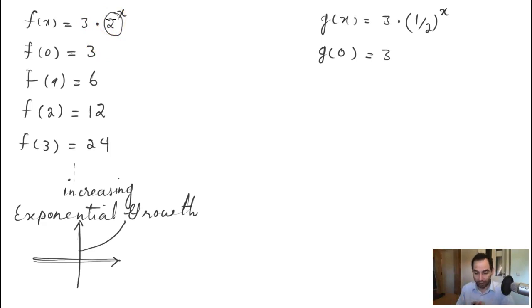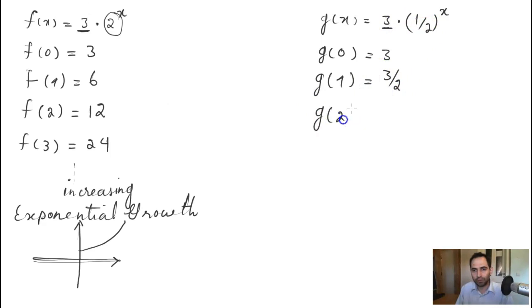I don't remember that term. But both of them start at y is equal to 3. So g of 0 is equal to 3. G of 1 becomes 3 halves.